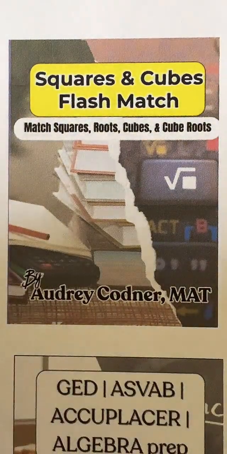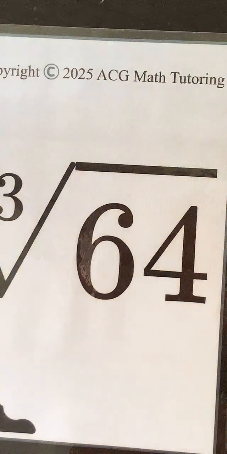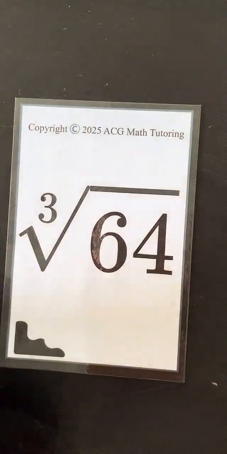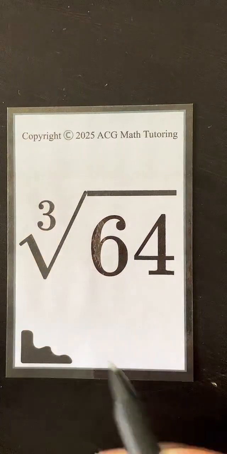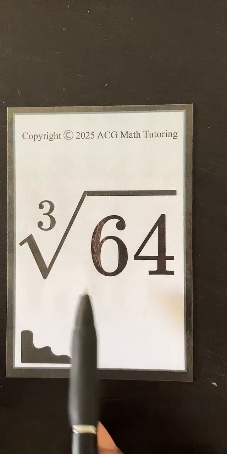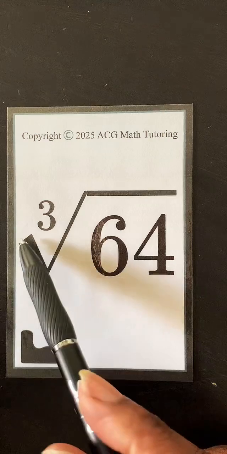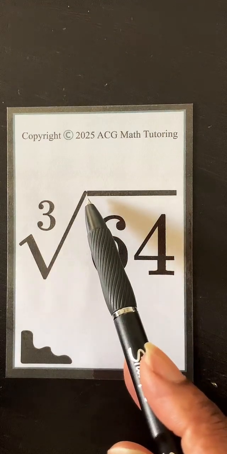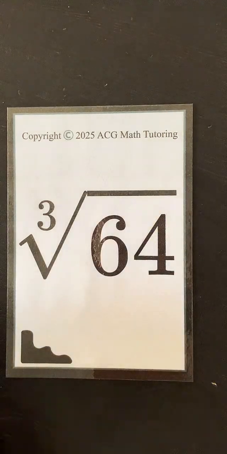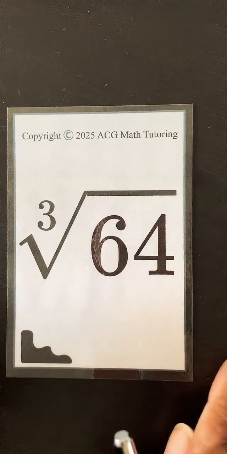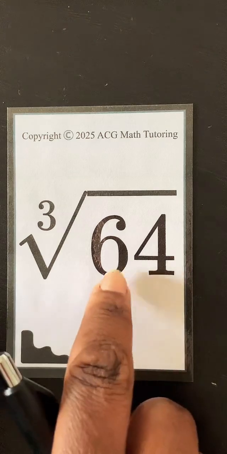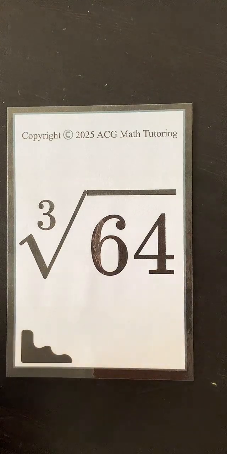Let me give you an example of the cubes, and then we're going to be done. Let me do less zoom. Okay, so these are our cube roots. A lot of people, because we're so used to seeing square roots, have to stop and really think about what's going on with cube roots. The cube root is saying there is a number multiplied by itself 3 times that will give me my 64.